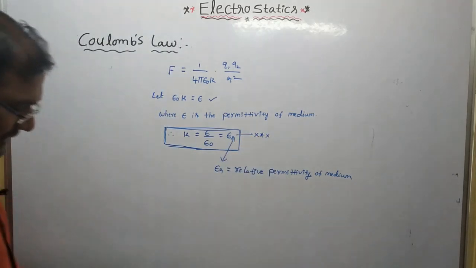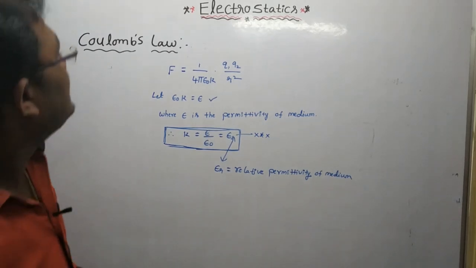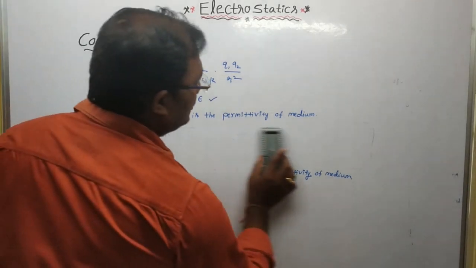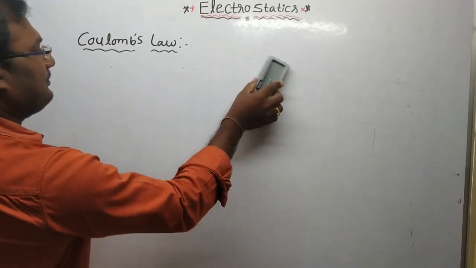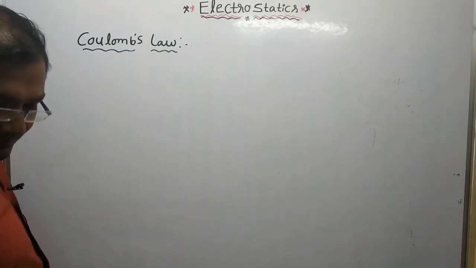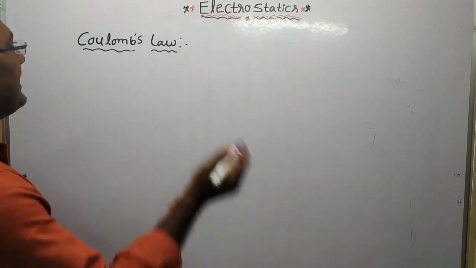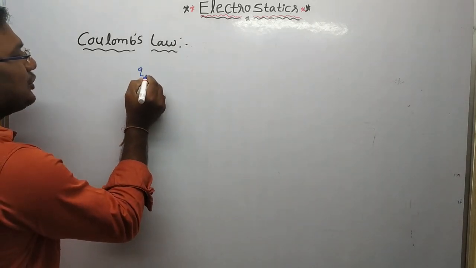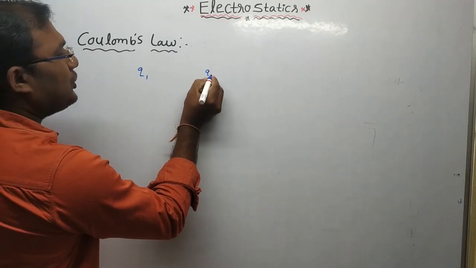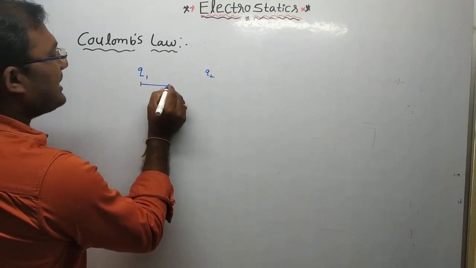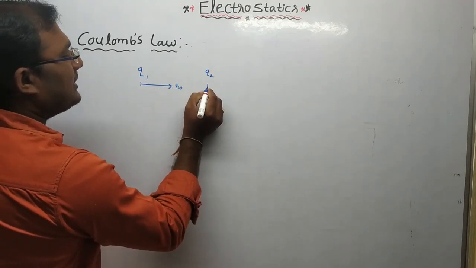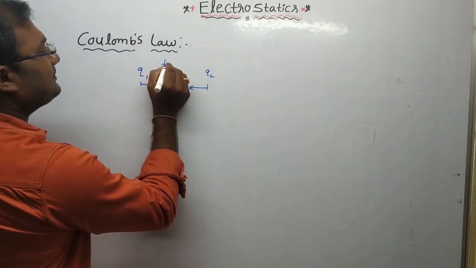Let us do some special cases in Coulomb's law. Consider any two point charges Q1 and Q2 which are separated by a distance R0 in free space.